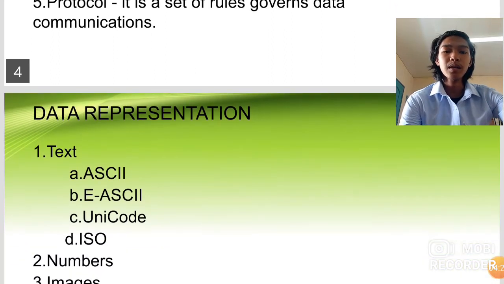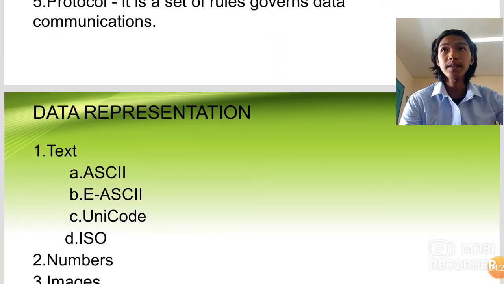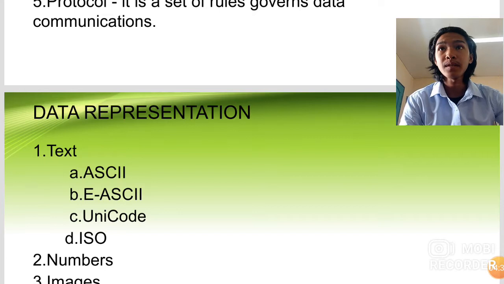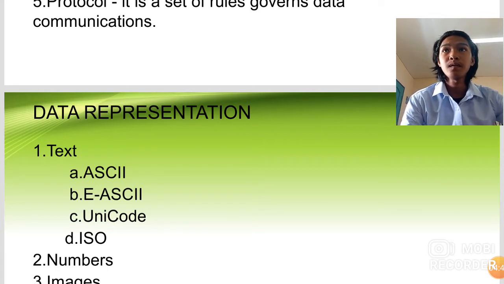Data presentation. Text. ASCII stands for American Standard Code for Information Interchange, a character encoding standard for electronic communication. Unicode stands for Universal Character Encoding.